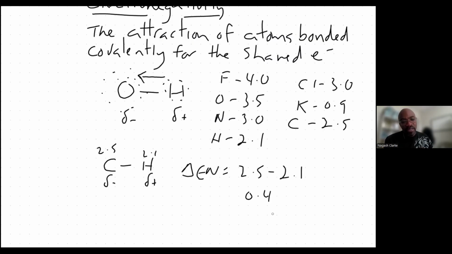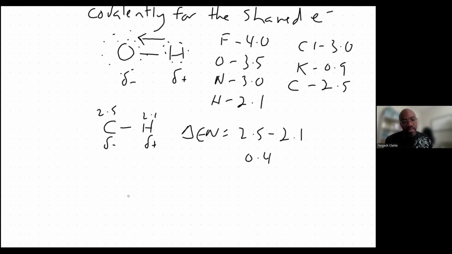We consider anything less than 0.5 to be nonpolar, meaning there's not a big preference for electrons to congregate around a specific atom. Carbon has slightly more preference, but not enough to call it a polar molecule. So 0.5 or greater is considered polar.